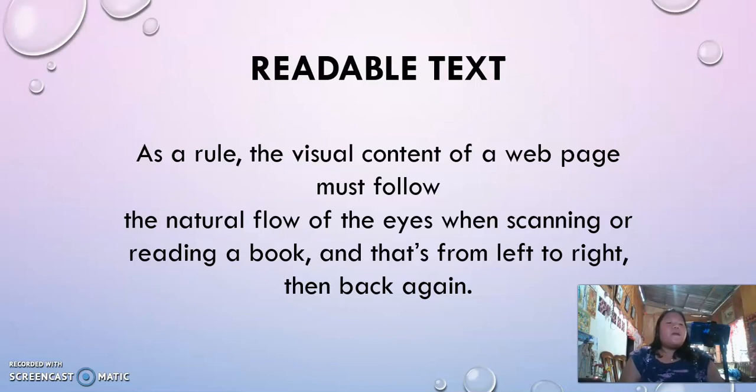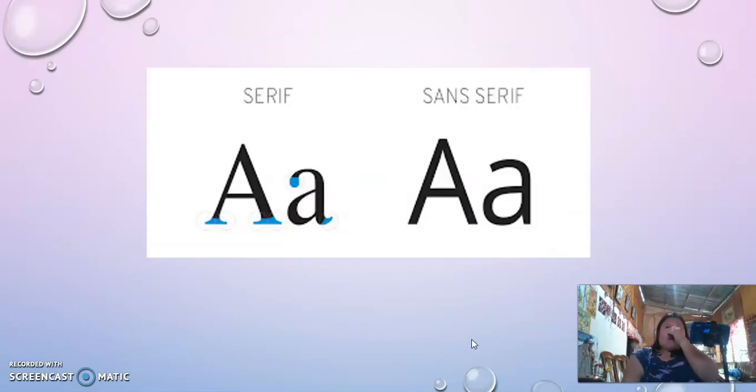Their use on websites, however, is not the rule. Again, we usually apply sans serif, not serif. Serif has those ending points on the lines of the letters as a design, unlike sans serif, which is just the normal way of writing. So that's it.